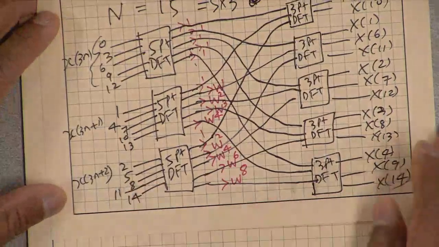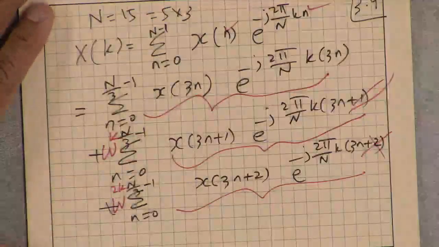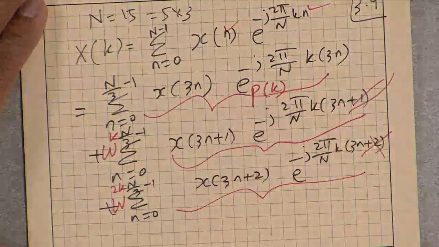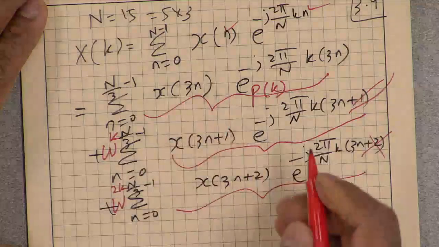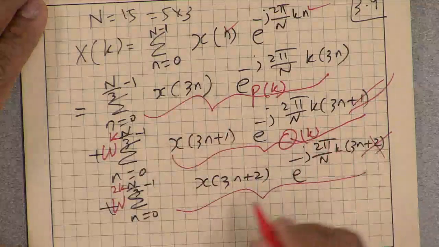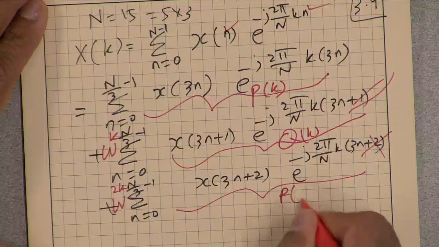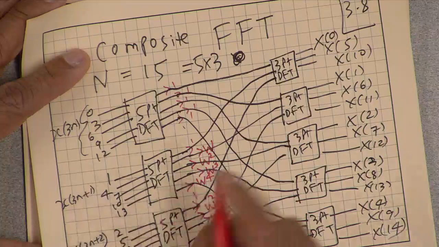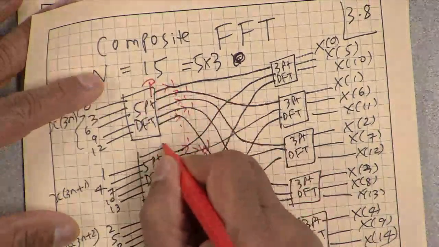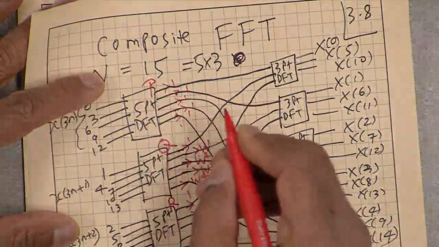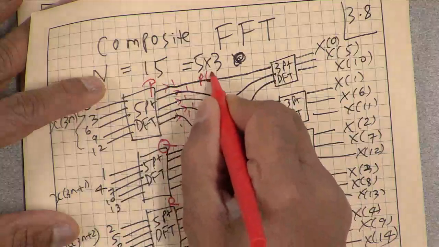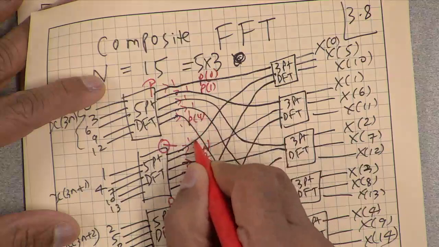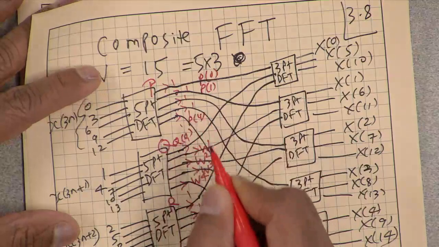Okay, so if I call these P, Q, and R, where Pk is the DFT of x3n, Qk is the DFT of x3n plus 1, and Rk is the DFT of x3n plus 2, then these things here are computing P, Q, and R. So you can think of this as P0, P1 up to P4, Q0, Q1 up to Q4, etc.